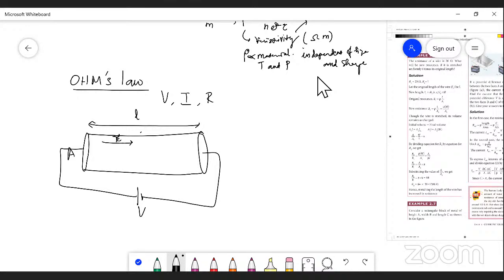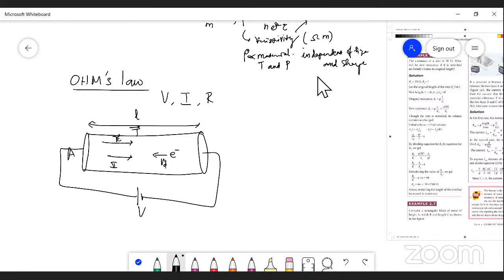J vector acts along this direction, and current flow also takes place along this direction. But electron drift takes place in the opposite direction. The drift velocity of electrons is in the opposite direction, as we have seen in the diagram.